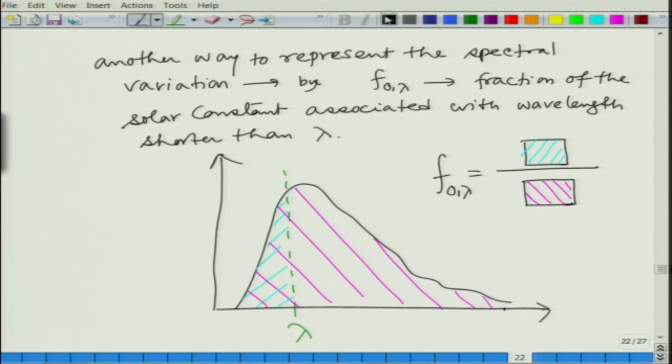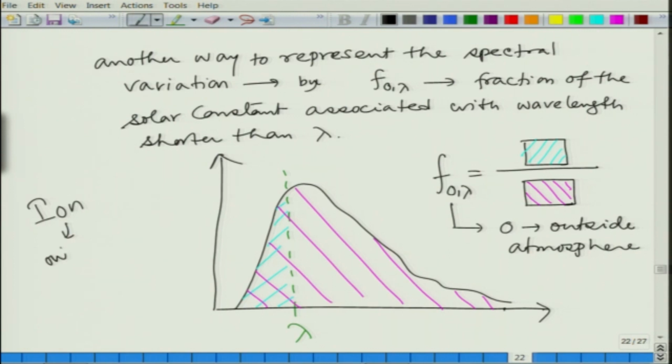Now, let me come to the O part, which you already guessed, I guess, that this O stands for outside atmosphere, right, just like ION, this O stands for outside atmosphere, or it is called extraterrestrial, right.